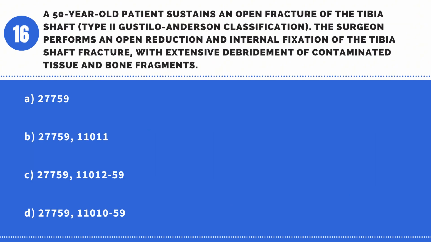Question 16. A 50-year-old patient sustains an open fracture of the tibia shaft, type 2 Gustilo-Anderson classification. The surgeon performs an open reduction and internal fixation of the tibia shaft fracture, with extensive debridement of contaminated tissue and bone fragments. A. 27,759.